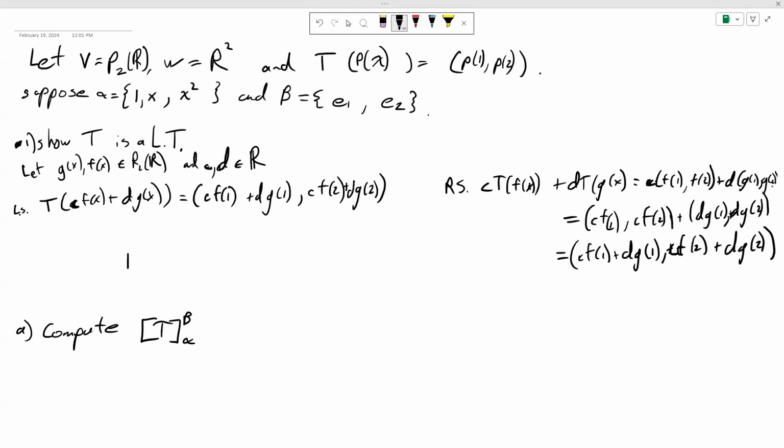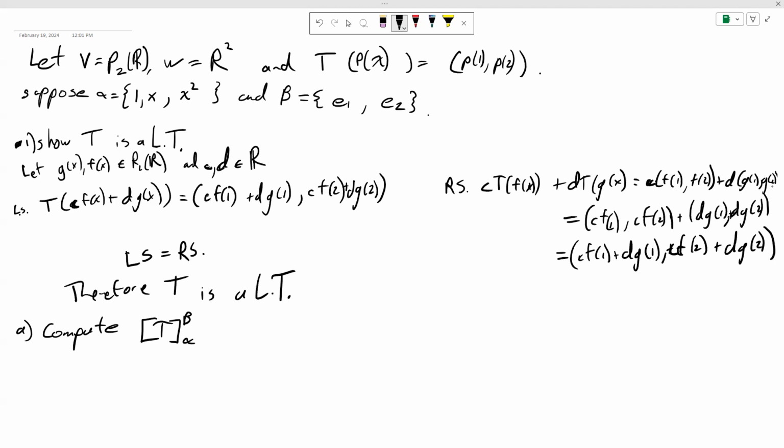And we see that the left side equals the right side. Therefore, T is, in fact, a linear transformation.